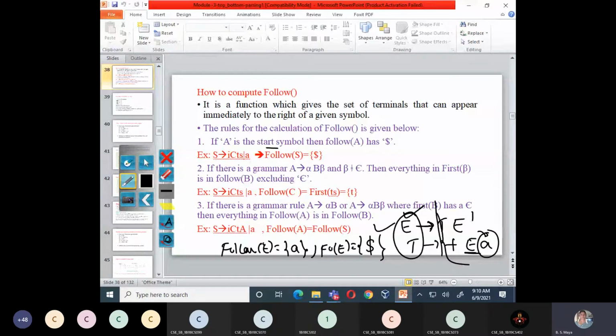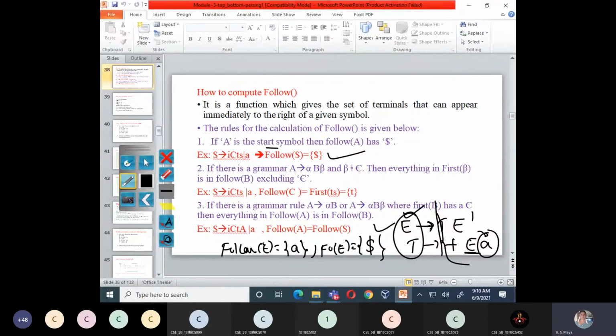For the start production of the grammar, you add dollar to that non-terminal. That is your first rule for follow sets: if A is a start symbol, then follow of A is dollar. Copy this down.